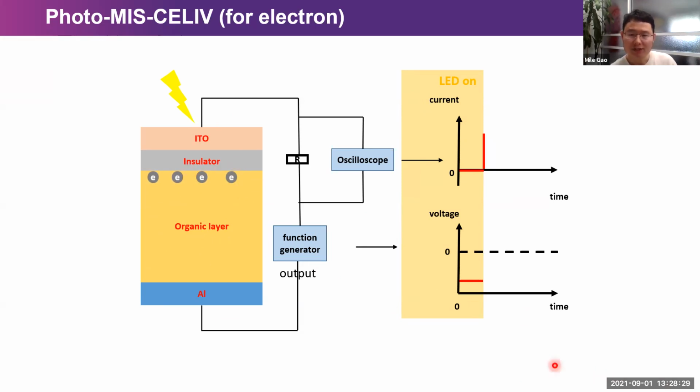At the end of the light duration period, the LED was switched off, and a linearly increasing voltage changes the electric field, leading to the extraction of the accumulated electrons.